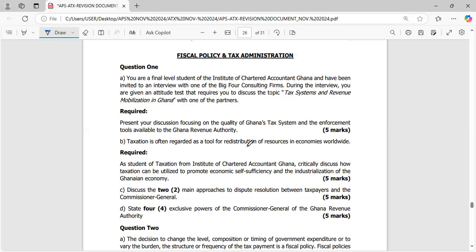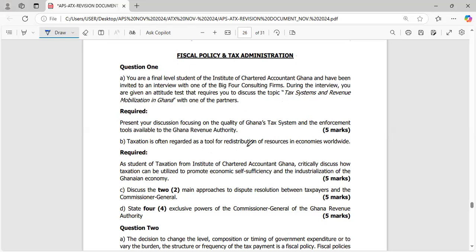So what are the enforcement tools available to the Commissioner General to prevent revenue leakage? What are the tools? So you see this question like this in exam, actually. Anti-avoidance system. Yes, the anti-avoidance system. Thank you, senior. So one is what?